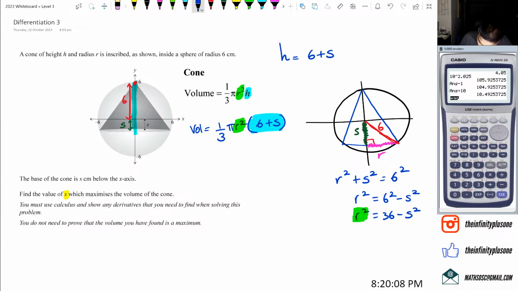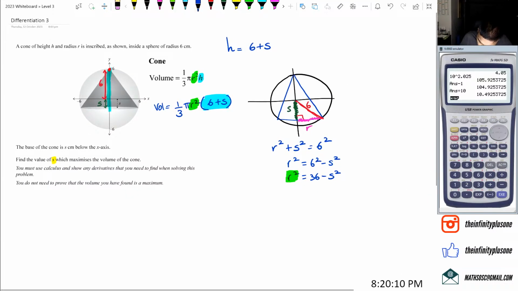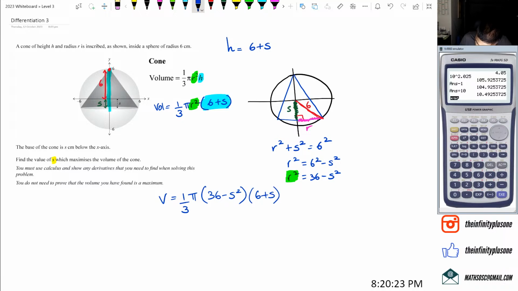So my volume equation will now be volume is equal to 1/3 pi, 36 minus s squared, multiplied by 6 plus s. I'm going to leave this here for you guys, because from here you should be able to differentiate and figure out what s is. I'll give you a couple of minutes to do this, all right? So have a go.